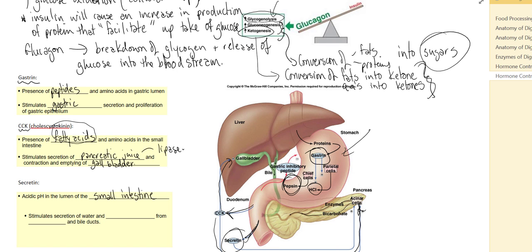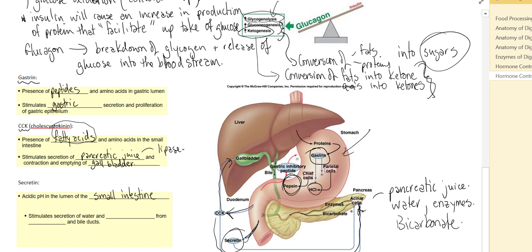Which, again, the pancreatic juice contains water to aid in digestion and lubrication. It contains the enzymes like trypsin for the breakdown of proteins, lipase for the breakdown of fats, but also, remember we've talked about bicarbonate.